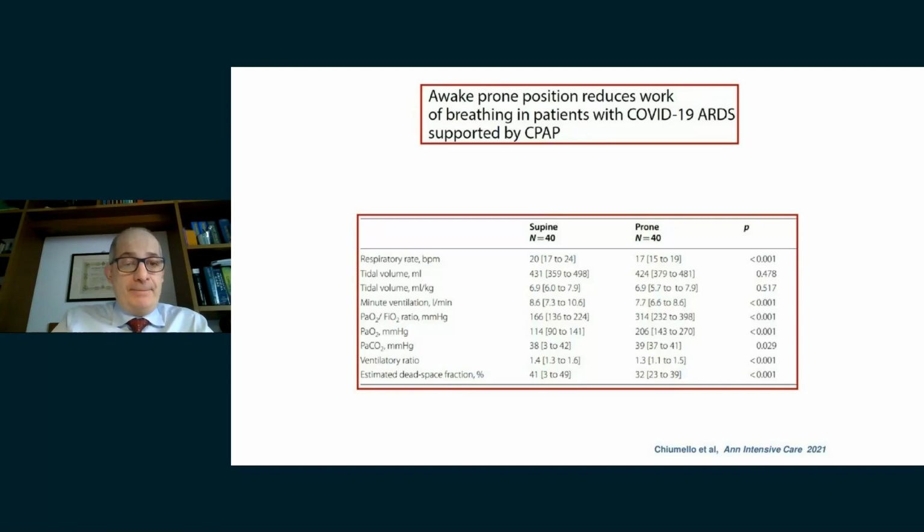So when patients were moved from supine to prone position, the respiratory rate significantly decreased and the minute ventilation significantly decreased. This was associated with an improvement in oxygenation and a reduction in PCO2.